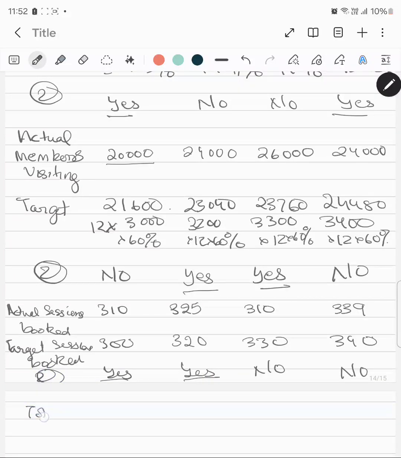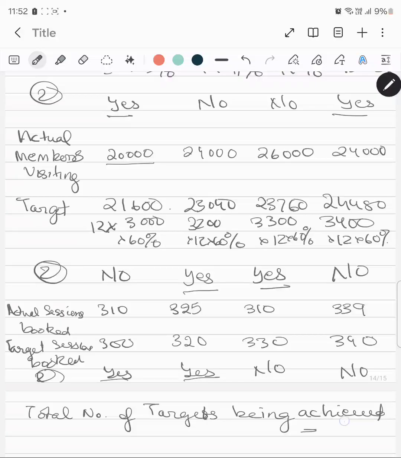So the total number of targets being achieved are 6.